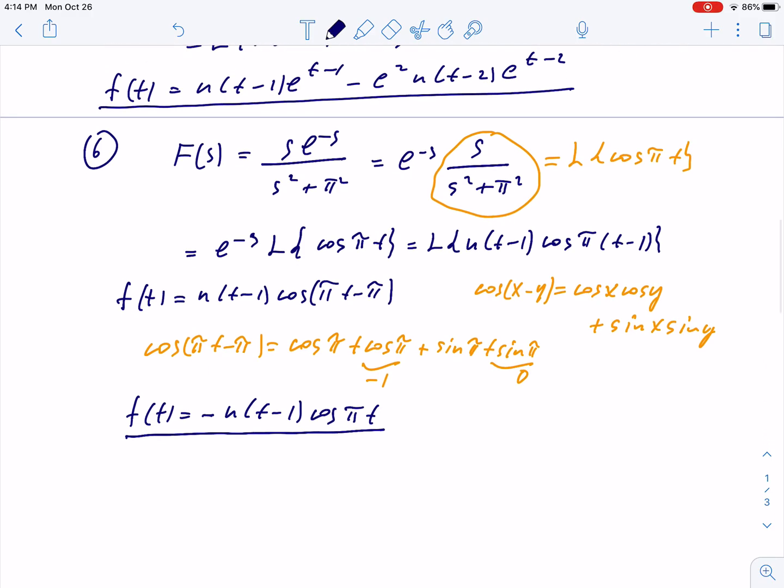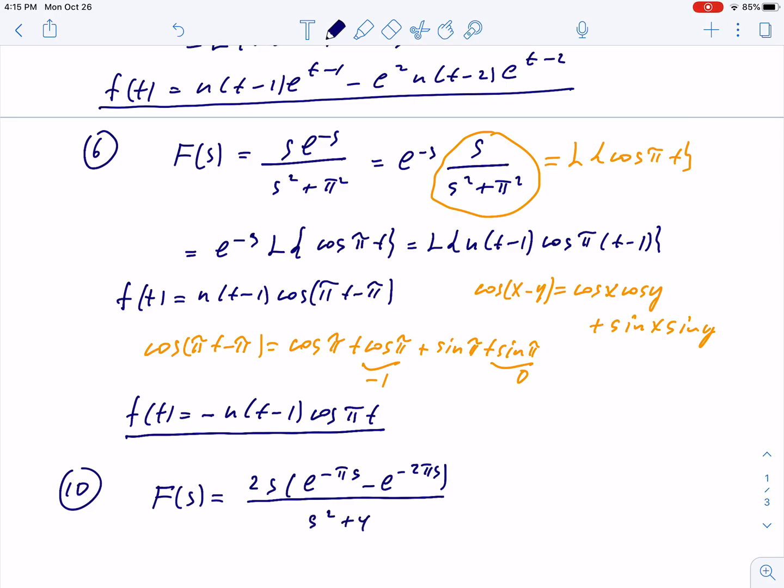Very good. Moving further, let's jump to number 10. Here we have this big F. This is written 2s e to the negative pi s minus e to the negative 2 pi s. This is all on the top, and all this divided by s squared plus 4.